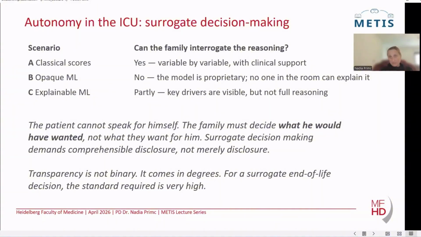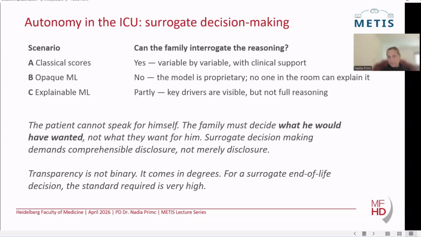So what the principle of autonomy reveals when we apply it to our case is that, first of all, transparency is not simply present or absent. It comes in degrees. It also shows that transparency is not only a value in itself, but that it very often serves other values that are important in clinical situations.